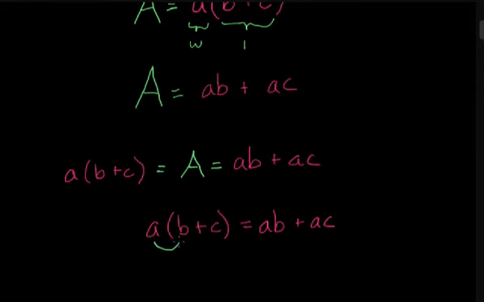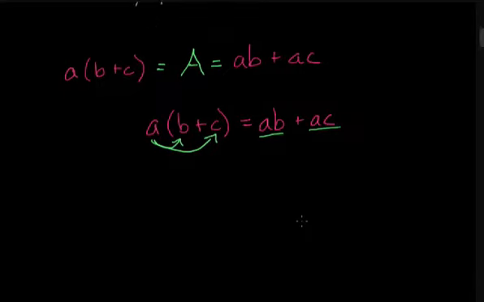We'll draw an arrow from a to b, because that's the first multiplication that we're going to do. We're going to distribute a to the b term. That gives you a times b. And then we're going to multiply a times c. And that gives you ac. And that is the distributive property.